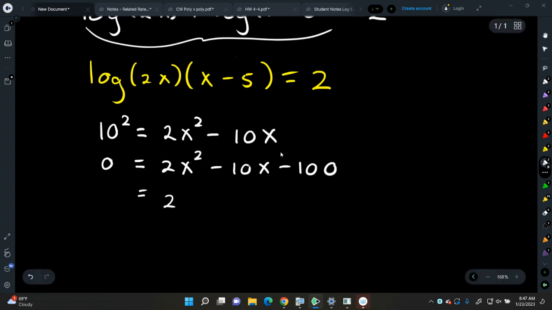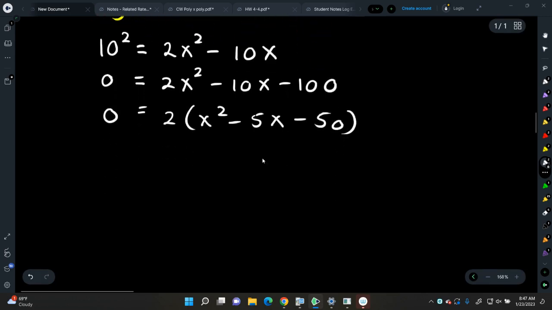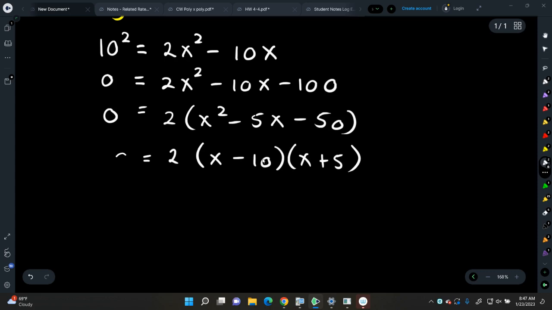All right, so we take a 2 out. Okay, so that's going to factor as x minus 10, x plus 5. So x equals 10 or negative 5.